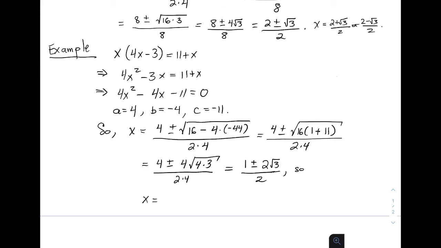So x is equal to 1 plus 2 square root 3 over 2, or 1 minus 2 square root 3 over 2.